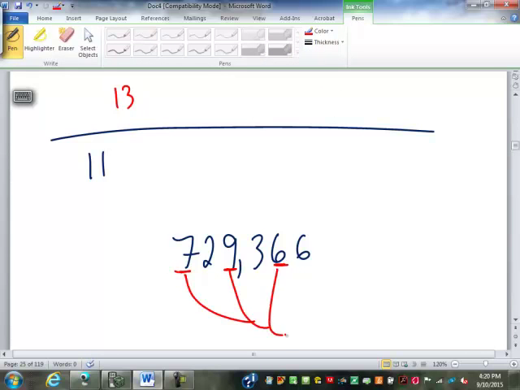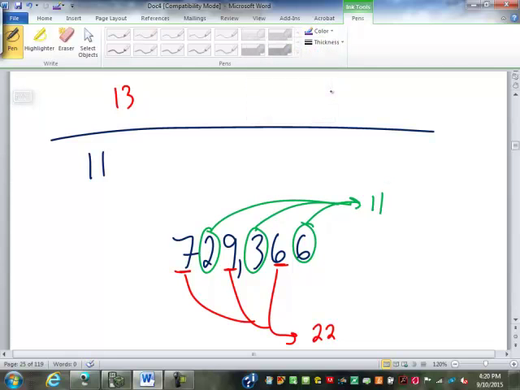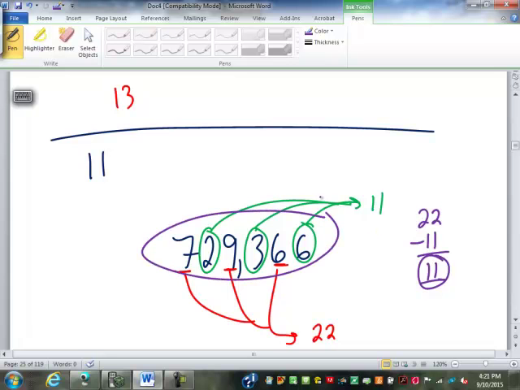So 7, 9, and 6. 7 plus 9 is 16 plus 6 is 22. Then you go back and you take the digits that are left. 2, 3, and 6. 2 plus 3 is 5 plus 6 is 11. Now you take those numbers and you subtract them. Doesn't matter which one's bigger or smaller. You take the bigger one minus the smaller one. If you get a number that's divisible by 11 or 0, if you get 0, that's divisible by 11. So this number is divisible by 11.